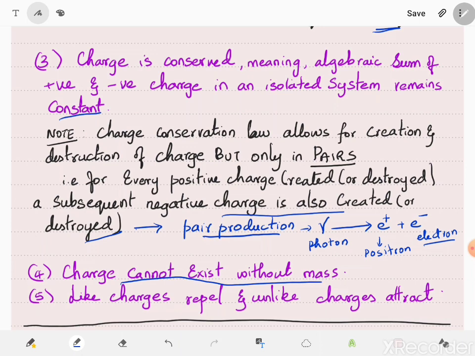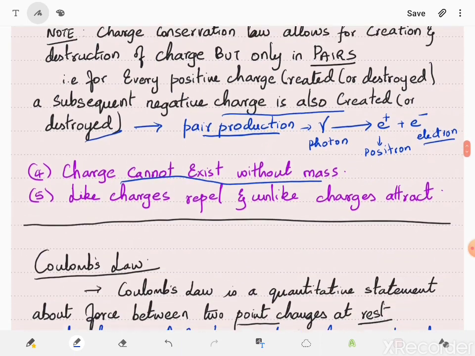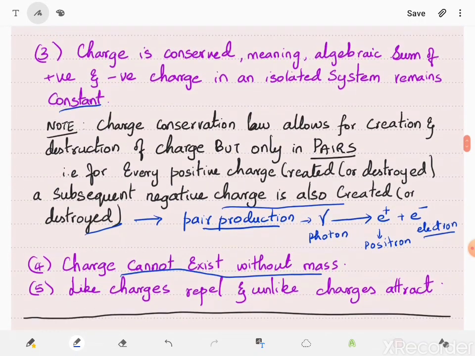If you want a charge to exist, then it must have mass. A substance must have mass. But what about the other way around? Mass can, of course, exist without a charge, but not the other way around. Charges always require mass to exist. And the fifth important property, which is already known to every one of you, is that like charges repel and unlike charges attract.